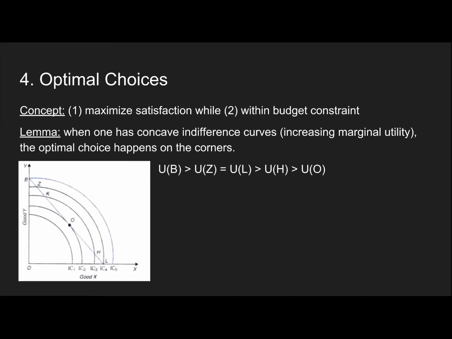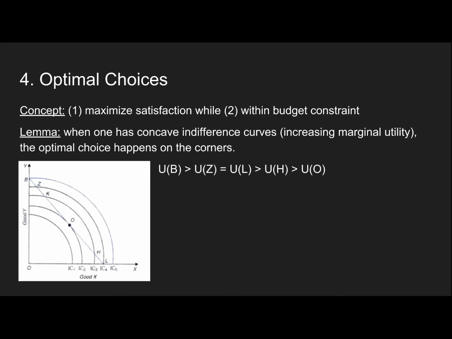Optimal choice. The concept of optimal choice is to maximize the satisfaction level while within the budget constraint. I think that's something you know from the textbook. But we use a lemma here. It's something we infer when we discuss strange indifference curves, especially the concave indifference curves. When one has concave indifference curves, increasing marginal utility, the optimal choice happens on the corners, and we don't know which corner.